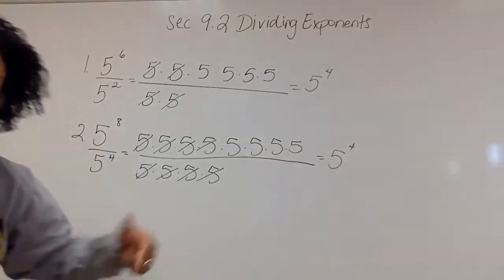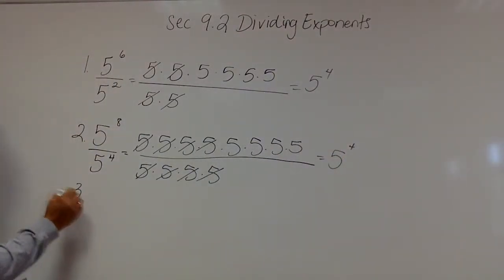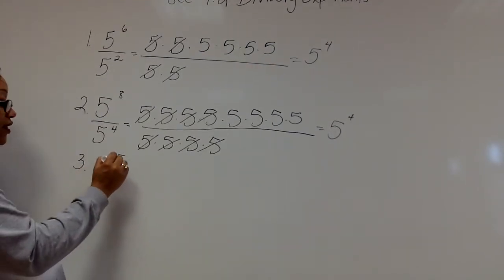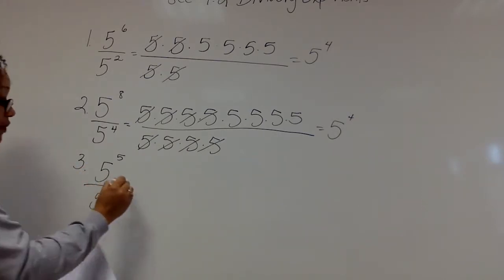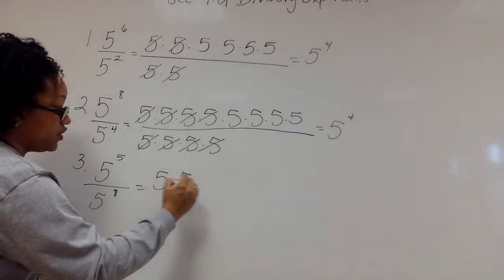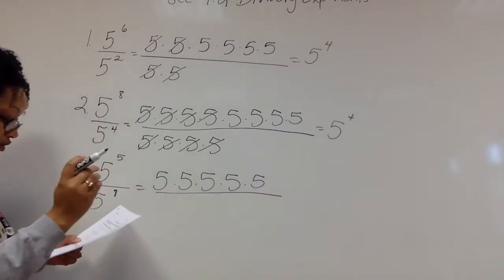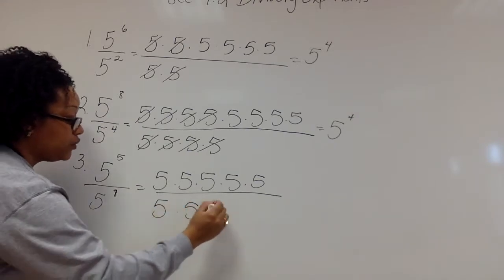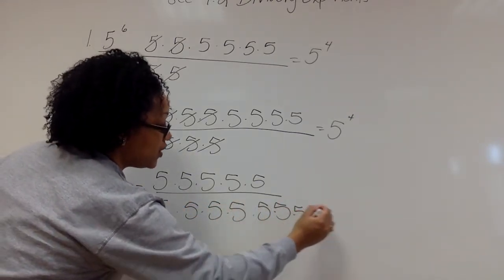It's a pattern. The last example, just so that you can see, for number 3, let's say I have 5 to the 5th divided by 5 to the 8th. That gives me 5 5s on top divided by 8 5s on the bottom. 1, 2, 3, 4, 5, 6, 7, 8.